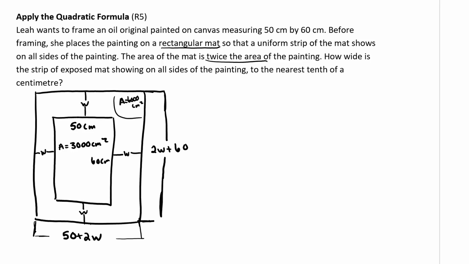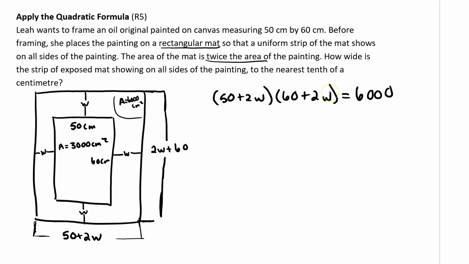So I'm going to say that the area, length times width, is 50 plus 2W times 60 plus 2W equals the full area, which is 6,000, just double the painting. So now I'm going to FOIL it out, or distribute, and then set one side equal to 0 and use the quadratic formula.